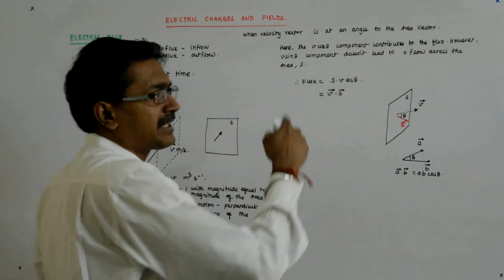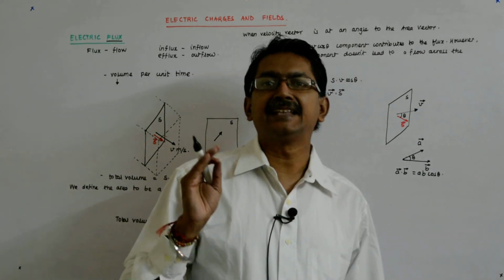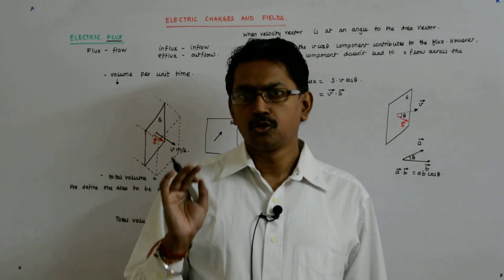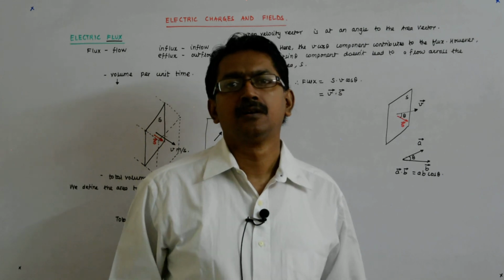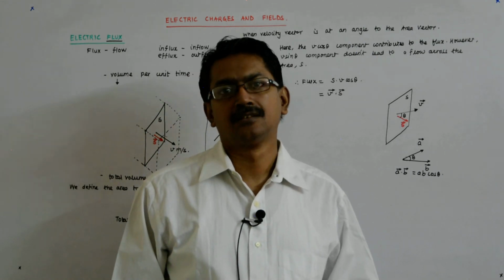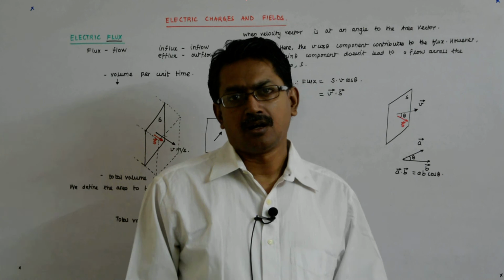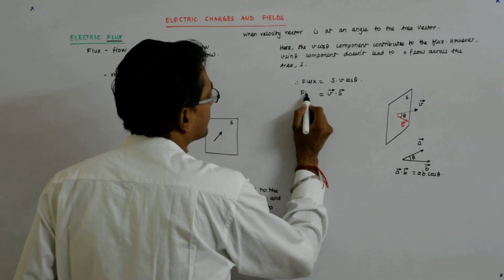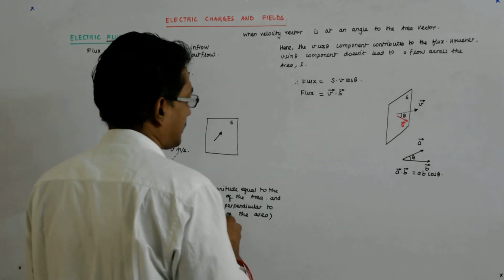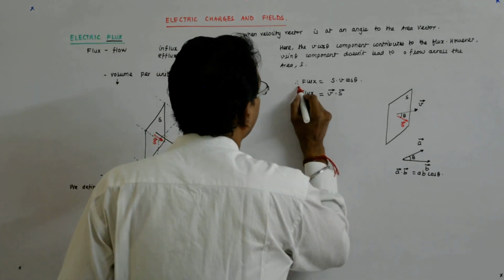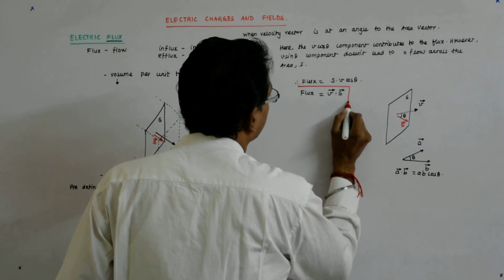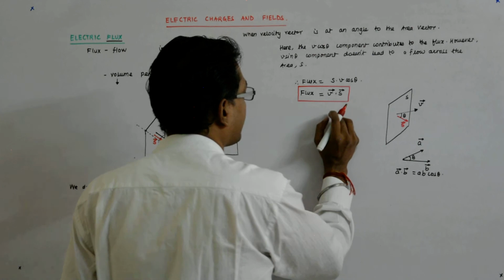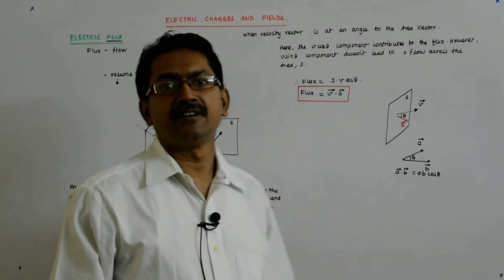So this can be considered to be the general form for the flux of water across a cross-sectional area S. The way we have taken the area vector to be a vector should be very well understood.